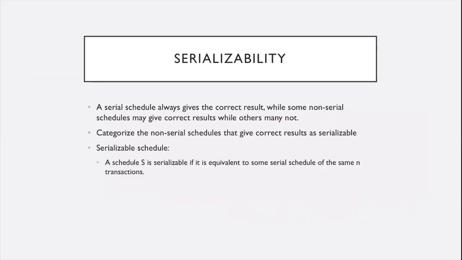A serial schedule, as I said, will always give the correct result, while some non-serial schedules may give the correct answers and some may not, as we have seen in many examples earlier. So you have non-serial and you have serial.